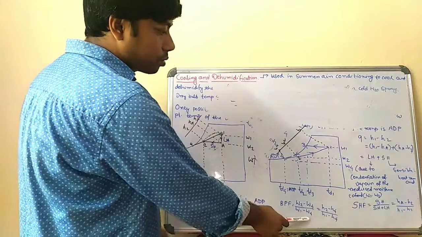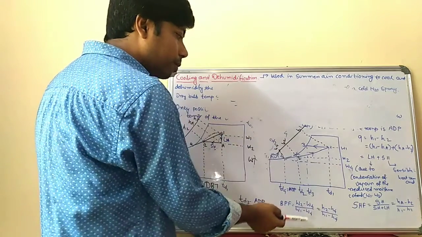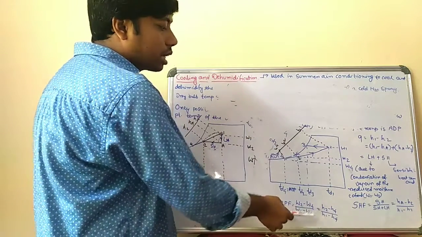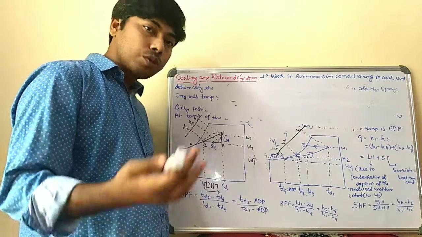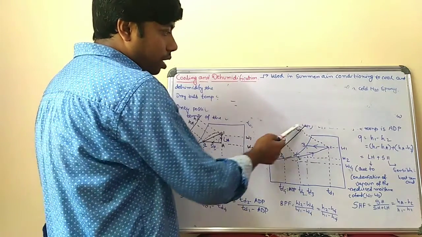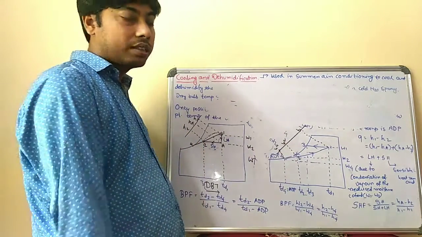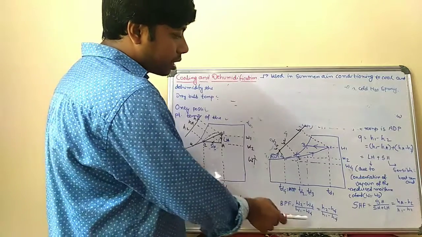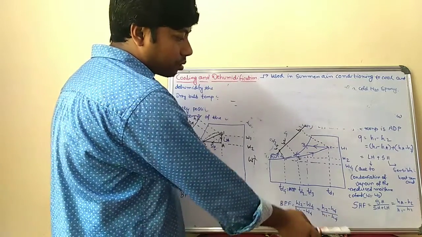As well as that, you can calculate the bypass factor in terms of enthalpy from the psychrometric chart or the enthalpy chart, that is basically H2 minus H4 divided by H1 minus H4.